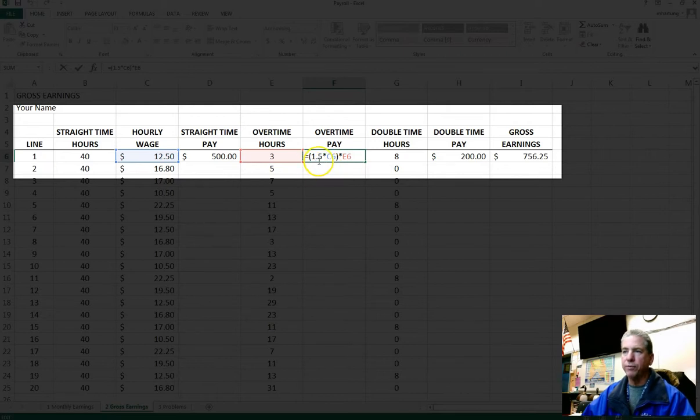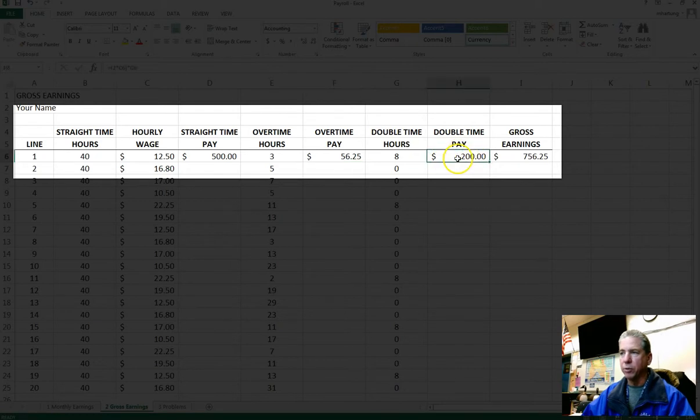So 1.5 times the hourly wage, and so our parentheses will force us to get that product first, and then we can multiply that product times the number of overtime hours that were actually worked. And so once you do that, that's how you get $56.25 in overtime pay.